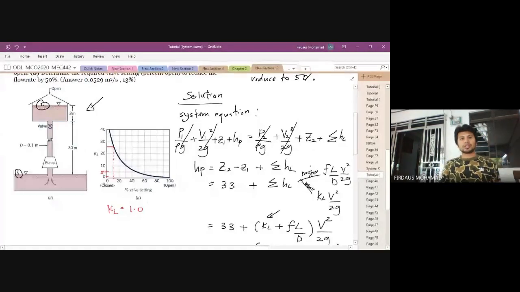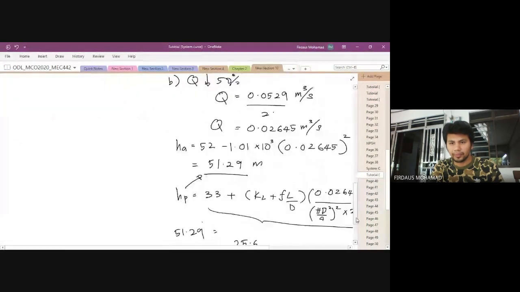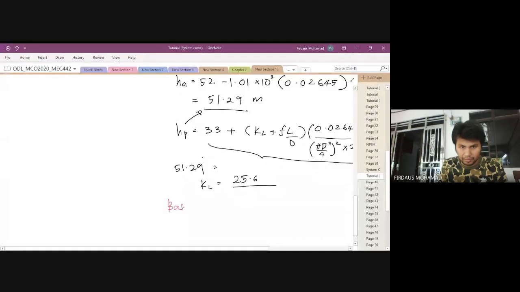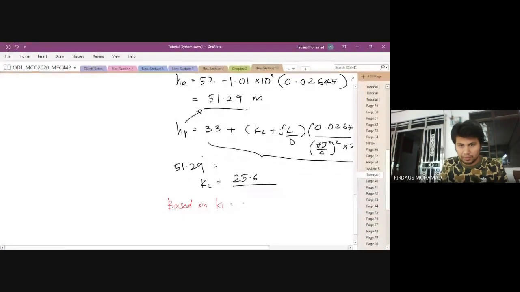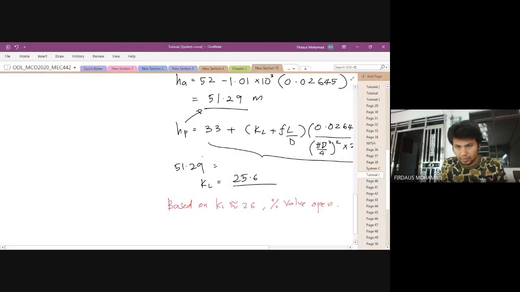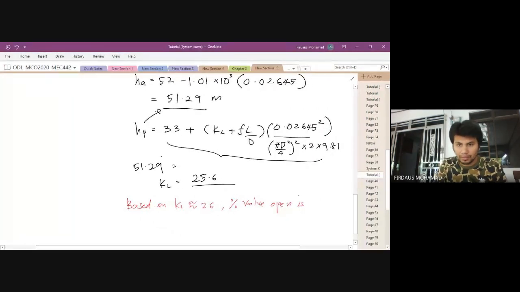You punya percentage, lebih kurang berapa tu? 10, 15 di sini. Lebih kurang 12%, kalau base kepada KL equal to 26. Okay, so lebih kurang 12%.